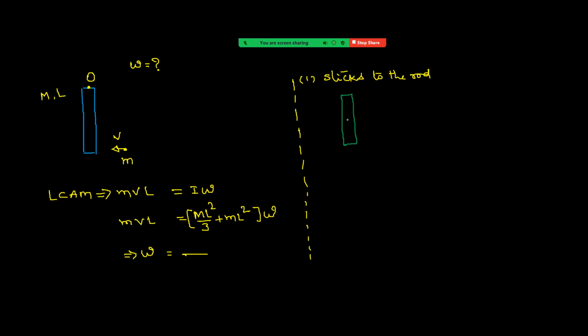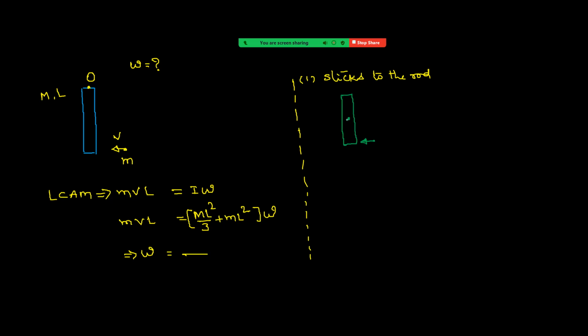Suppose this is the center of the rod. When the particle sticks to the rod after collision, the rotation will be about the common center of mass. It is not about the center of the rod.